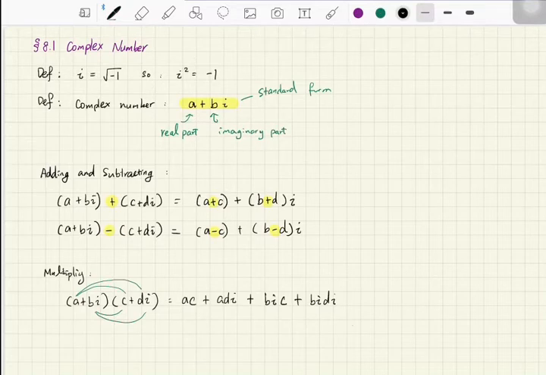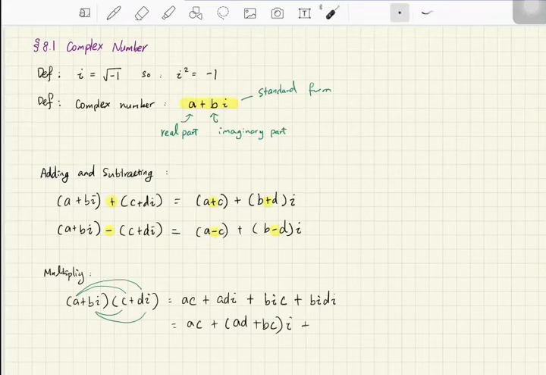Then we're going to combine them, putting the ac, and putting the adi and the bci together, ad plus bc i.